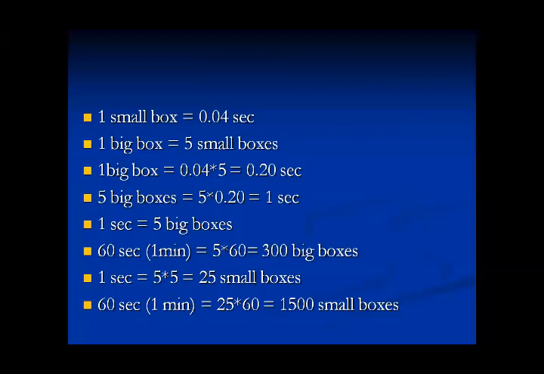Why? Because one small box, 0.04, is multiplied by 5, the number of small boxes in a big box. So a big box represents 0.2 seconds, calculated as 0.04 multiplied by 5.